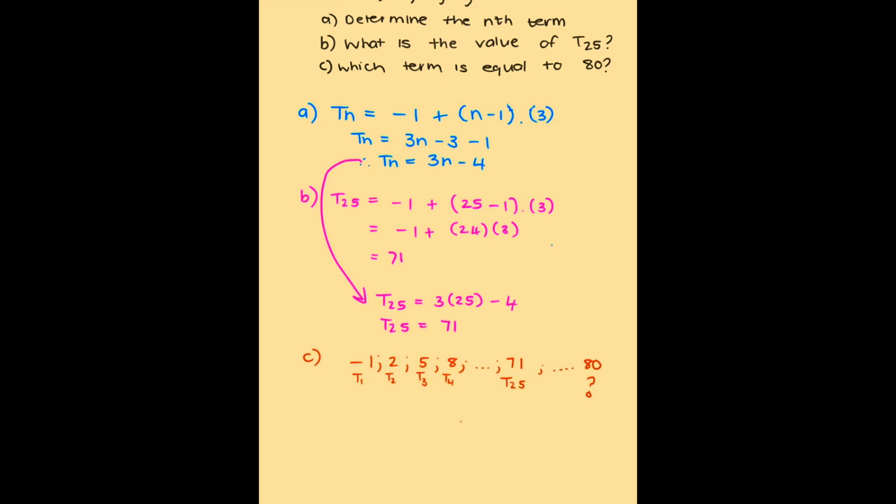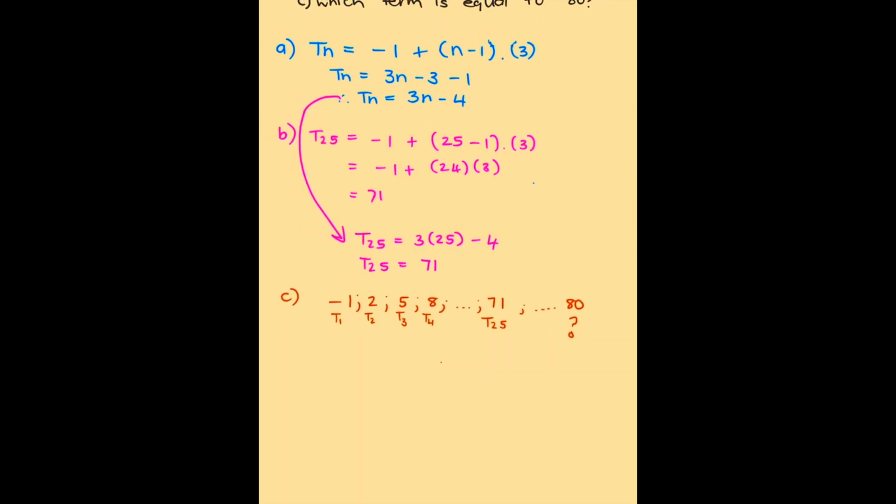All right, so the wonderful news is we've done all the hard work already by getting these nth terms, right? So whether we're using this first line, using this as our formula, or our simplified one, either will let us get to the correct answer. So I'm going to use both just to show you, so you know I'm not just fibbing. All right, so Tn is -1 plus n minus 1 times 3.